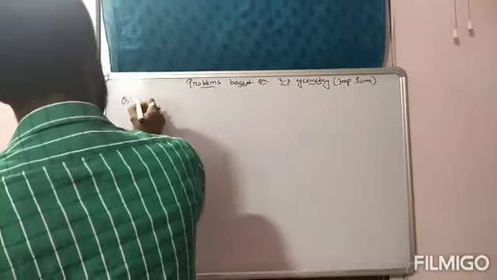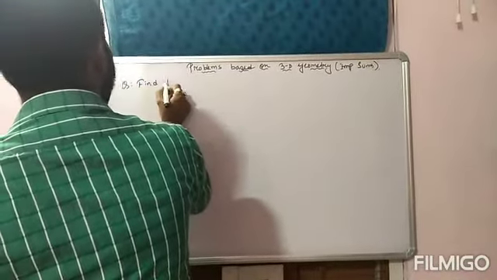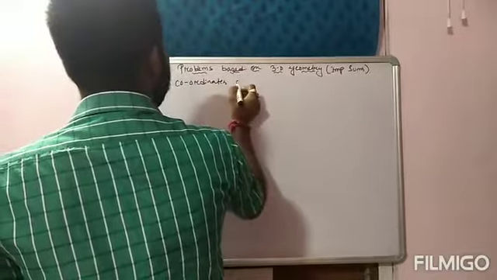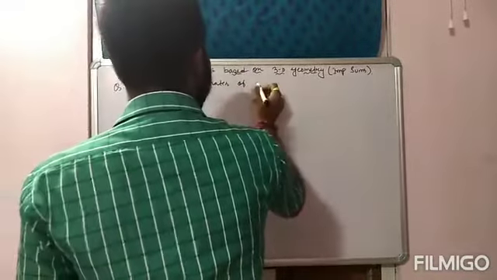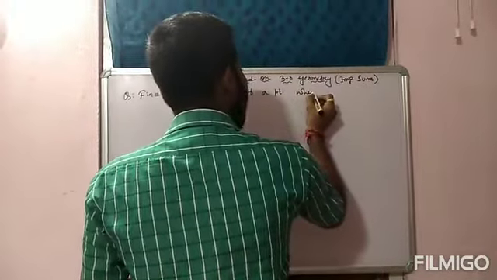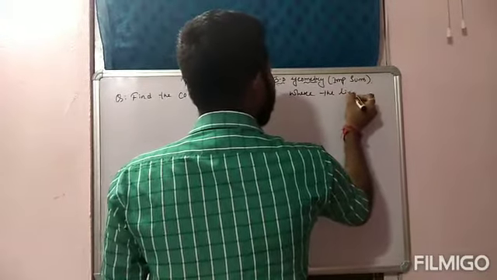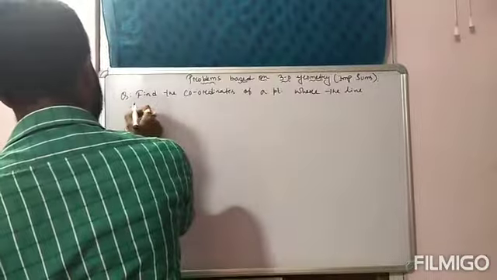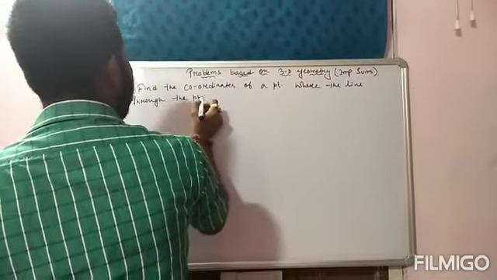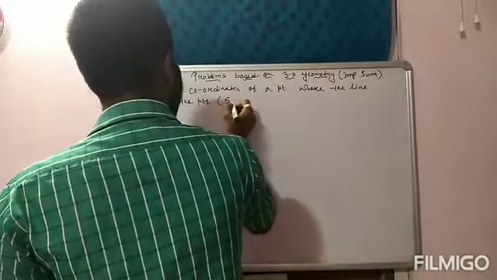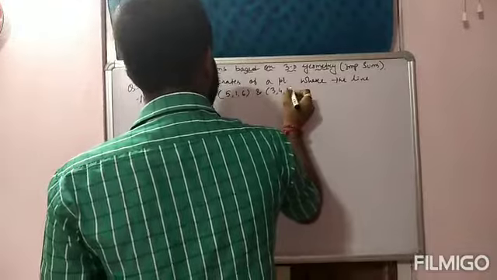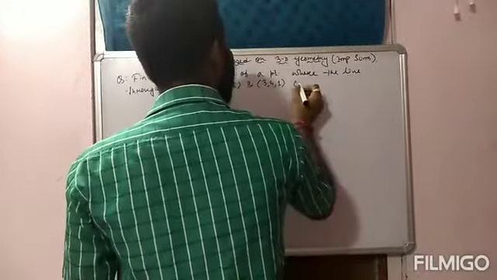Question is, find the coordinates of a point where the line through the points 5, 1, 6 and 3, 4, 1 crosses the YZ plane.